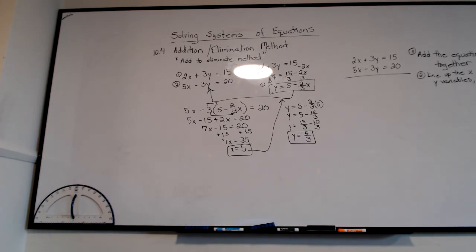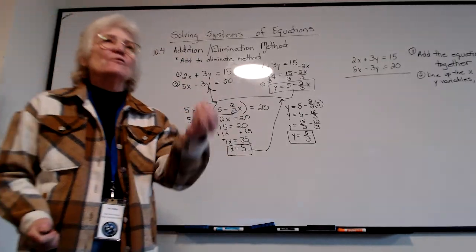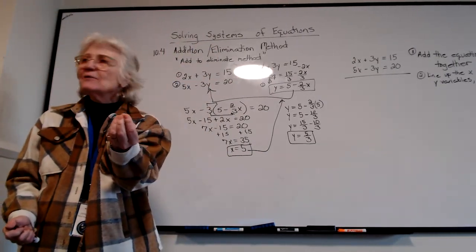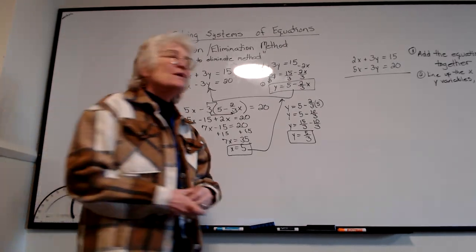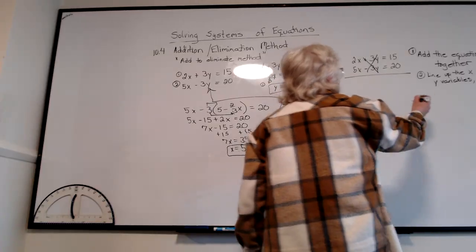The y? The y, why? Because you're adding and subtracting. Yeah, you have a positive 3 and a negative 3. So as long as when I'm adding, I have one that's positive, one that's negative, and the same number, they will eliminate.